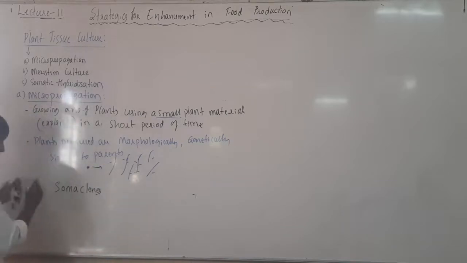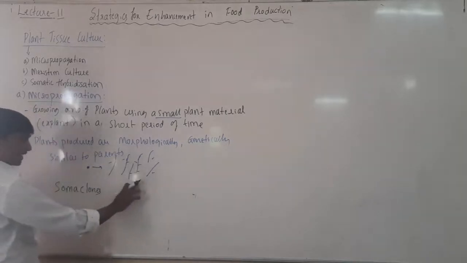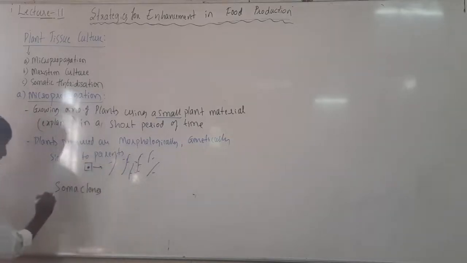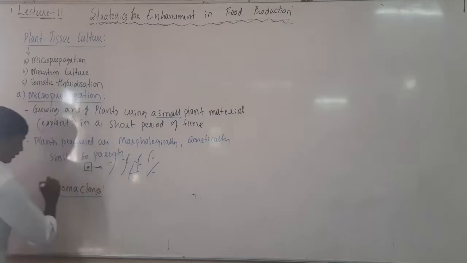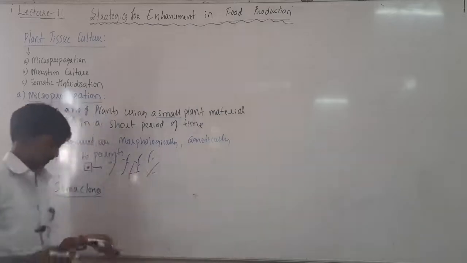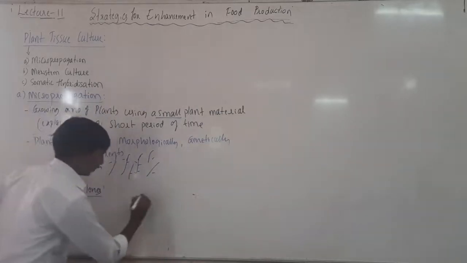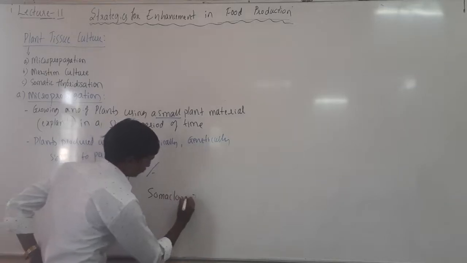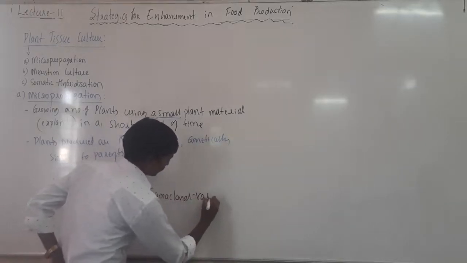Just because the plants produced are exactly similar to the parental plant, they are called somaclones. And the stable variations produced during the production of somaclones are called somaclonal variation.